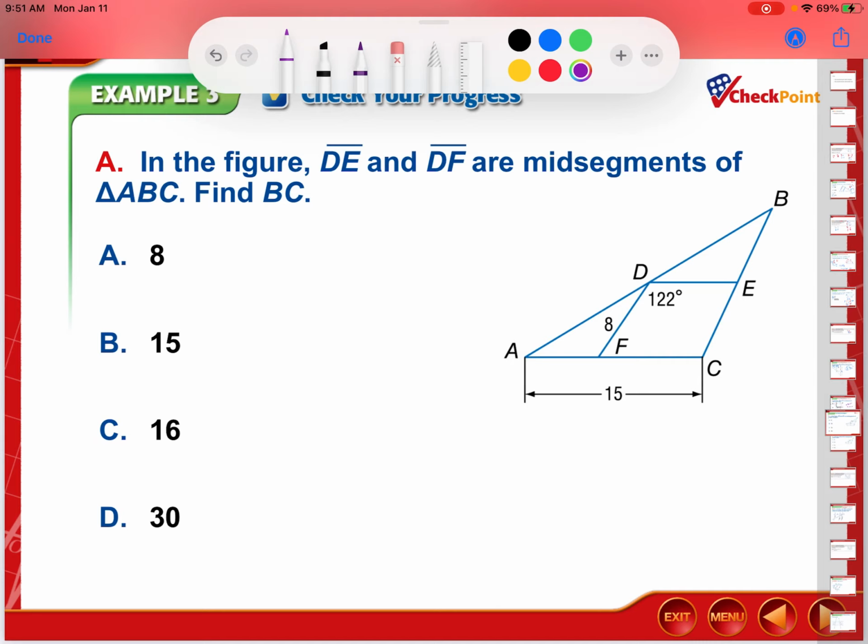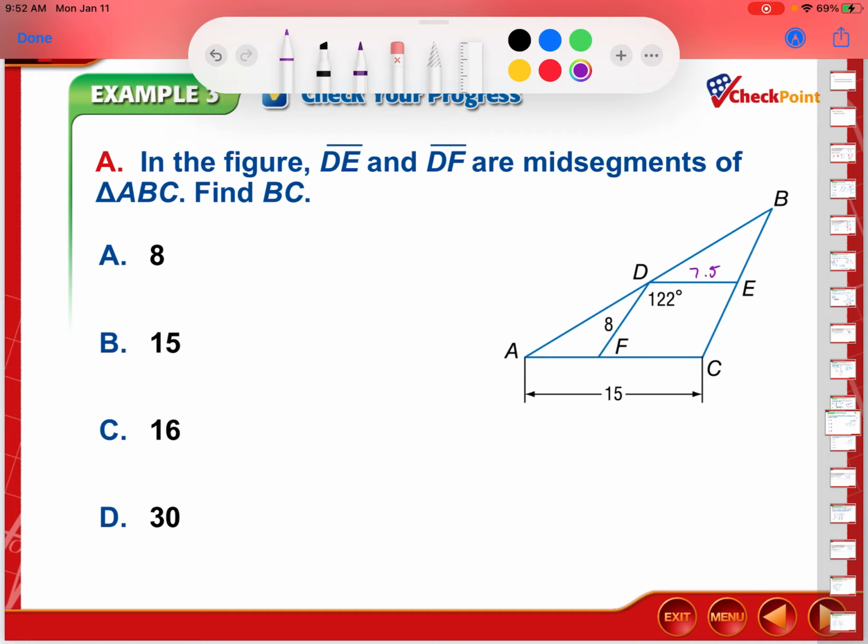So in the figure, DE and DF are mid-segments. So DE is a mid-segment, which means it's half of AC, so it's going to be 7.5.